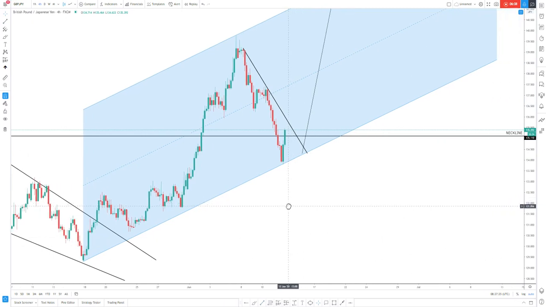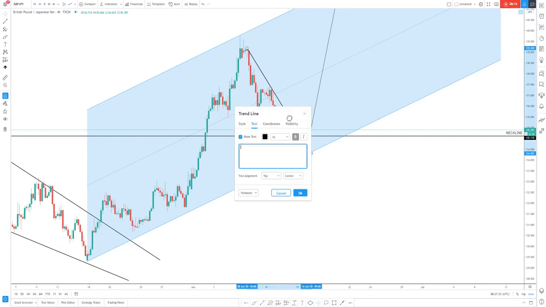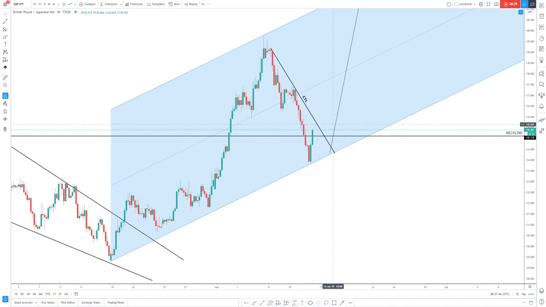So what I'll be looking to do is to go long on this pair if this CTL, this counter trend line, breaks and possibly does a retest back to the downside and projects price higher. So I'll only be looking to buy GBP JPY if this area of structure, this CTL, breaks.